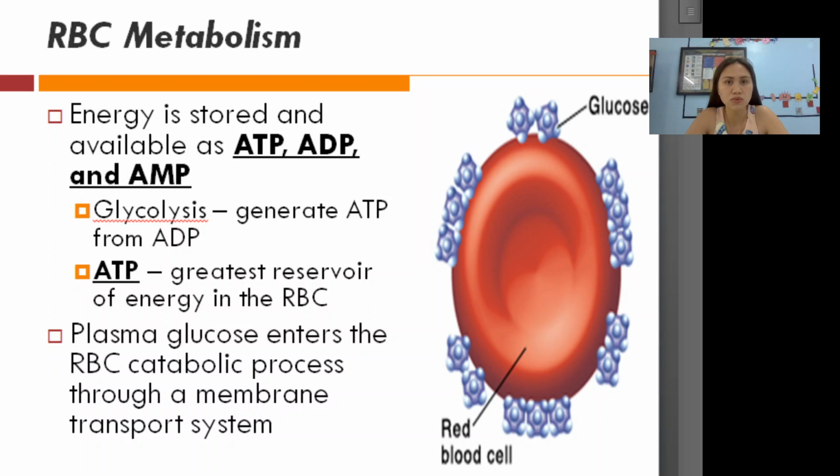Okay, if there is one molecule of glucose, glycolysis will occur, and that one molecule of glucose will yield 2 ATP at the end.